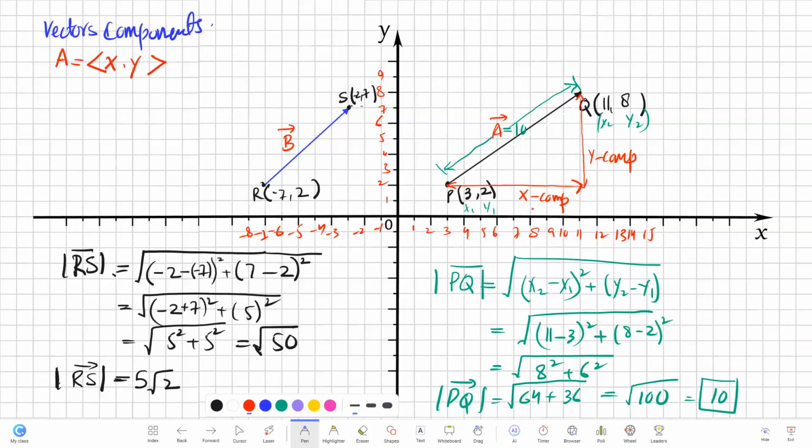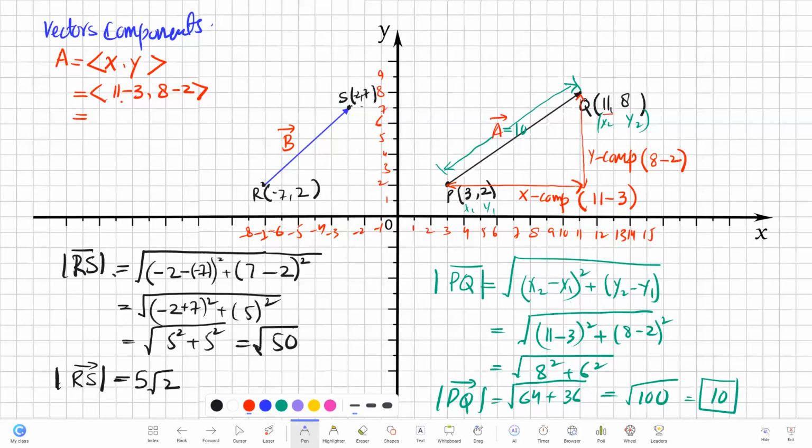In order to calculate the X component of A, I take 11 minus 3. And to calculate Y, it's going to be 8 minus 2. So I'm going to write it this way: 11 minus 3 and 8 minus 2.